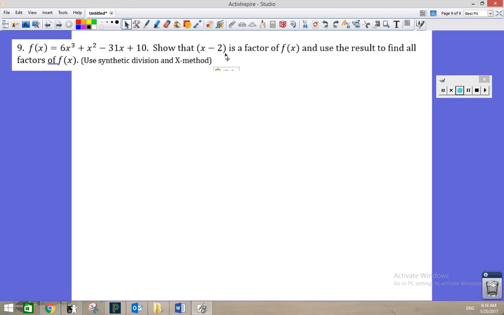So they're telling us that x minus 2 is a factor of this. Now let's check and see, is this polynomial in standard form with no missing terms? 3, 2, 1, constant, so yes it is. This x minus 2 being a factor is telling us that f evaluated at 2 is 0. If we do our synthetic division with 2, we use our coefficients 6, 1, negative 31, 10.